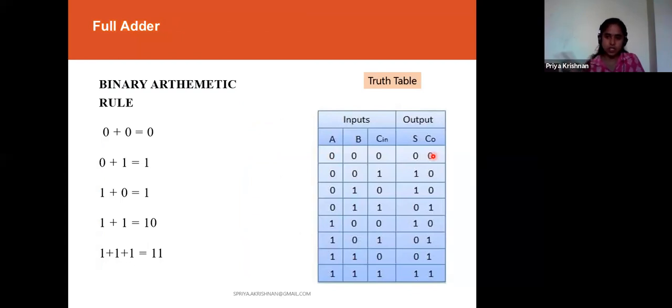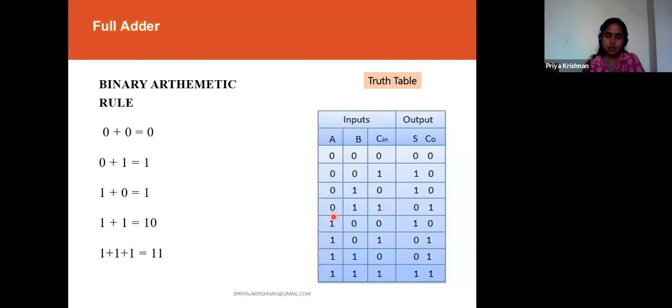Again, 0 plus 0 plus 1. The sum is 1, carry is 0. So the sum will be 1 and carry will be 0 if you have only one 1 in your truth table inputs.